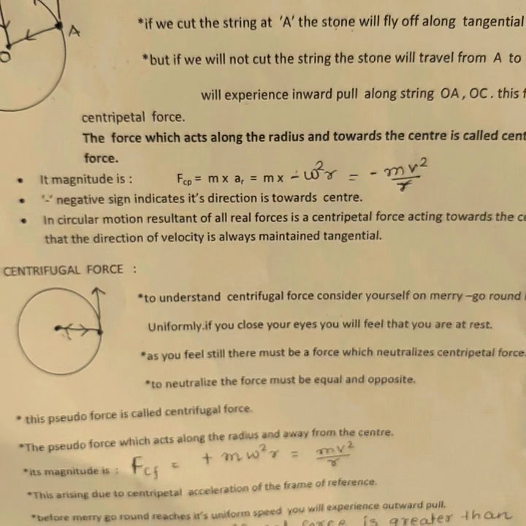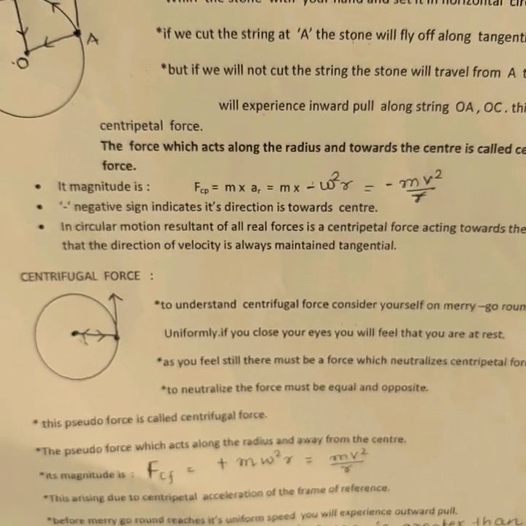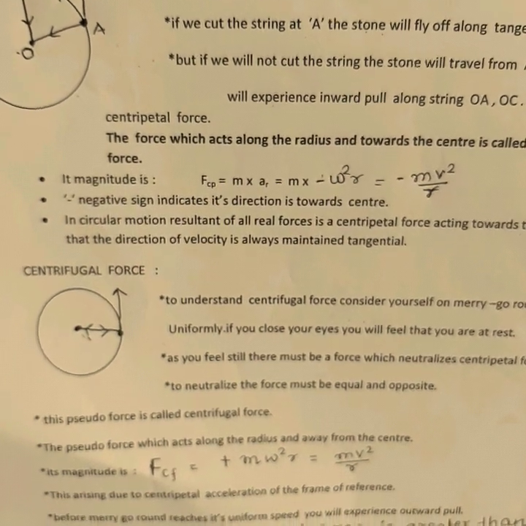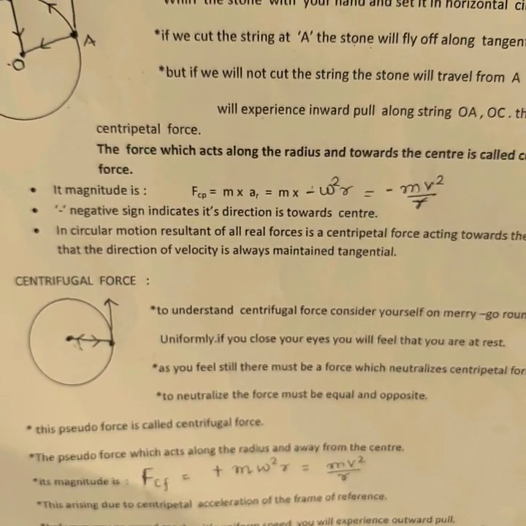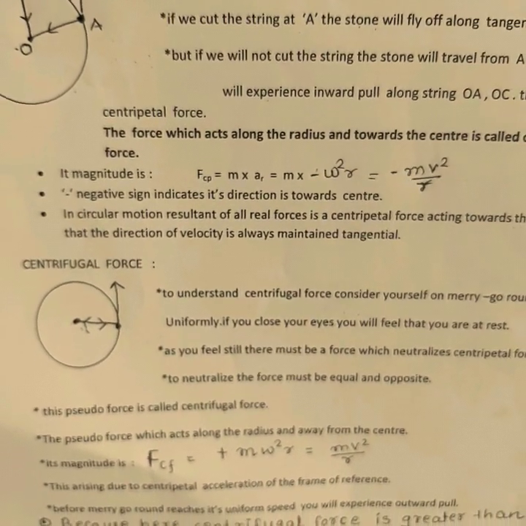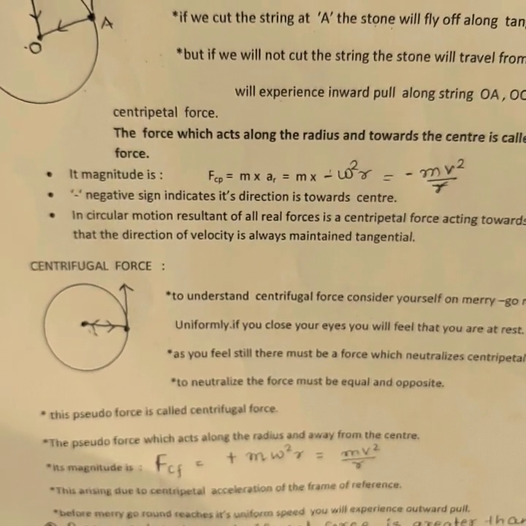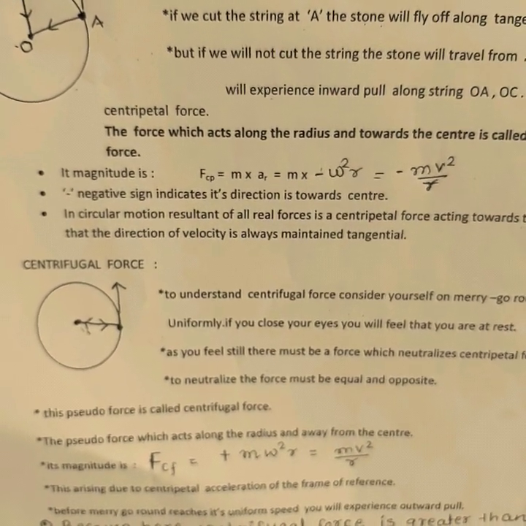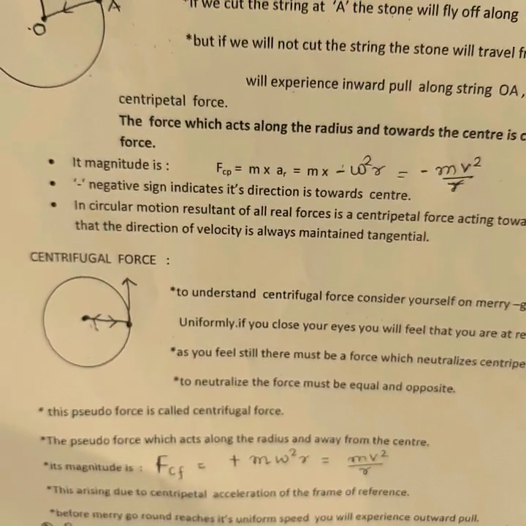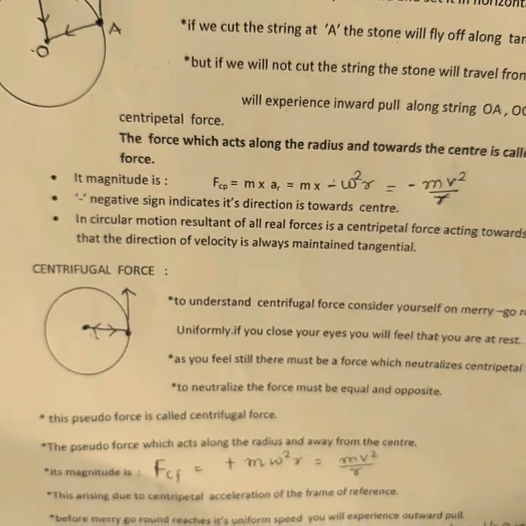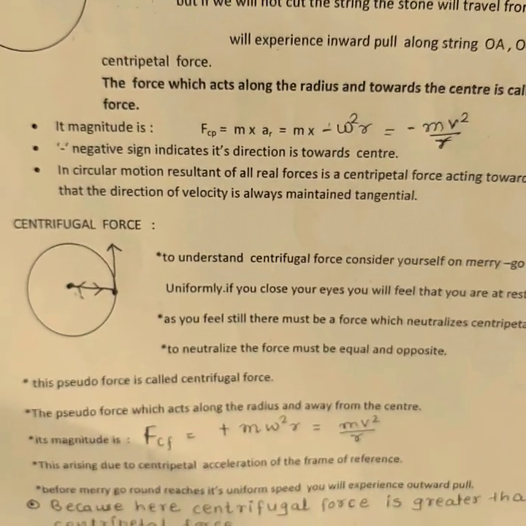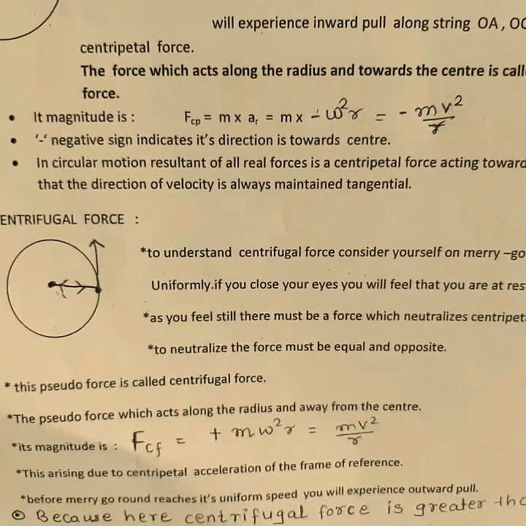This neutralizing force should be equal in magnitude to the centripetal force, and it should be directed in the opposite direction. Such a force is called centrifugal force. This is a pseudo force. Actually, this force does not exist. You only feel this force. That's why we call it a pseudo force.